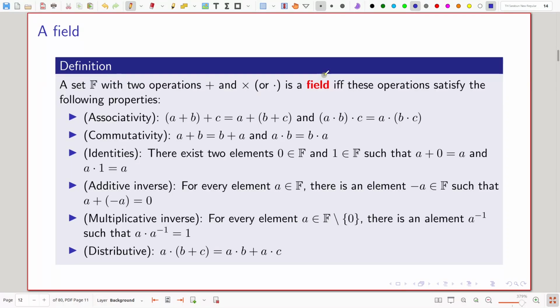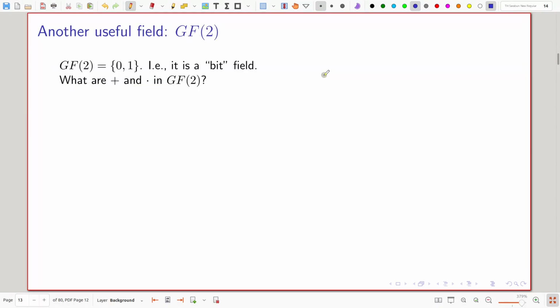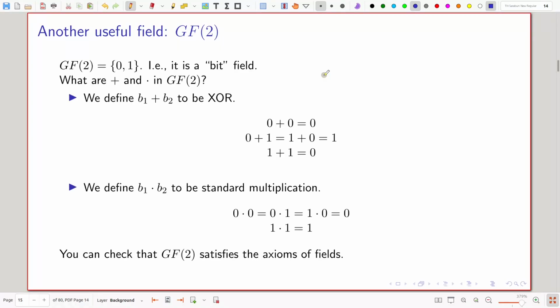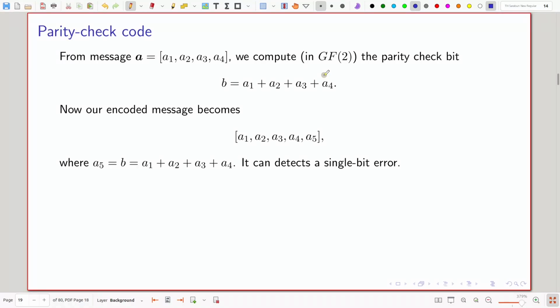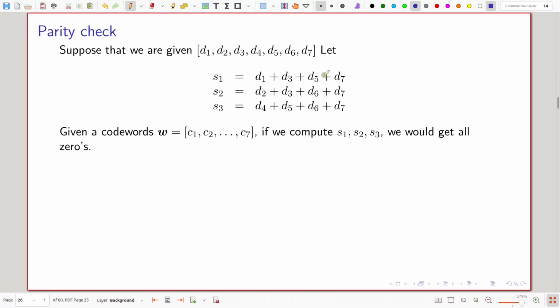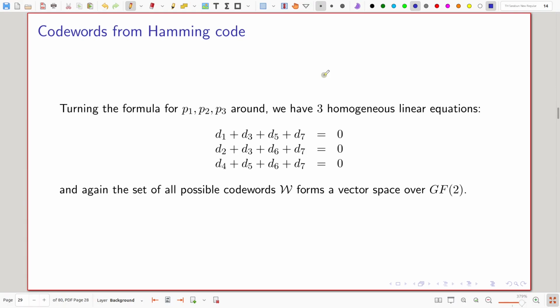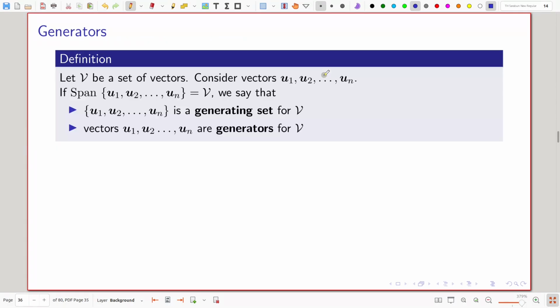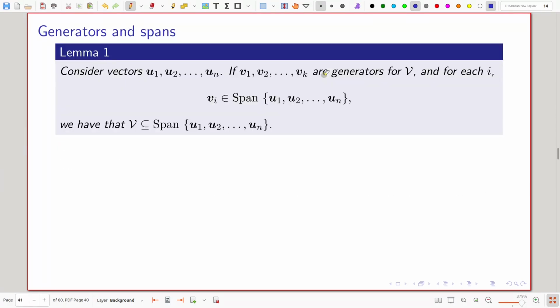I'll come back to that on Thursday when we see some concrete examples. So we look at this GF2, a big field. We will come back to this on Thursday, when we play some games.